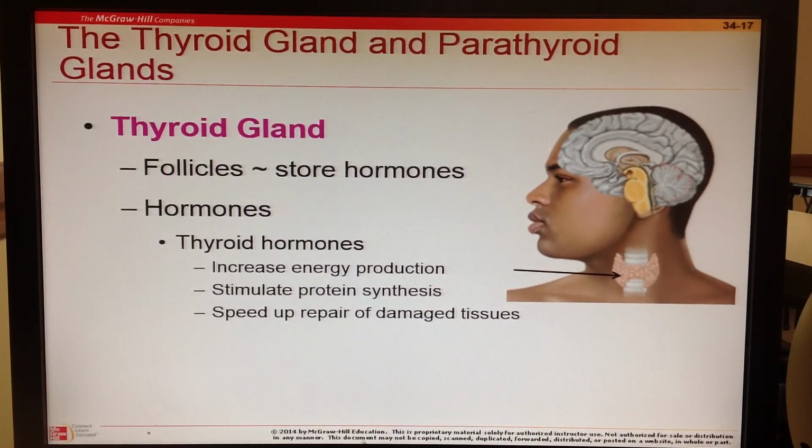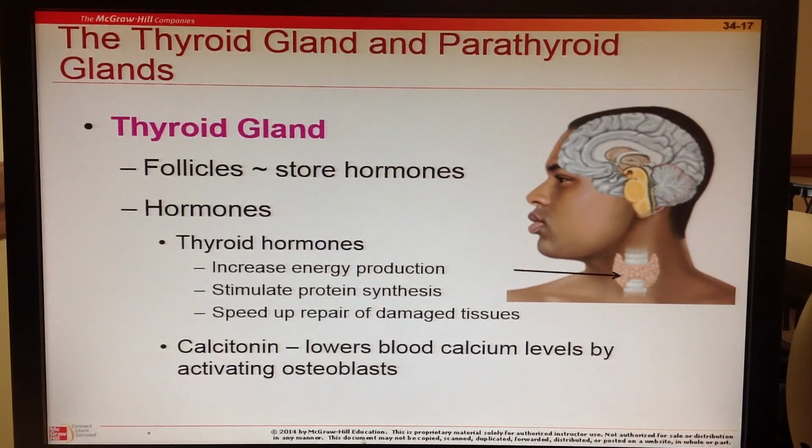So if you don't have enough thyroid hormones, it may cause a patient to develop hypothyroidism. Thyroid hormones, at normal levels, help to increase energy production, protein synthesis, and also help to speed up healing of damaged tissues. Those are just some of the things.